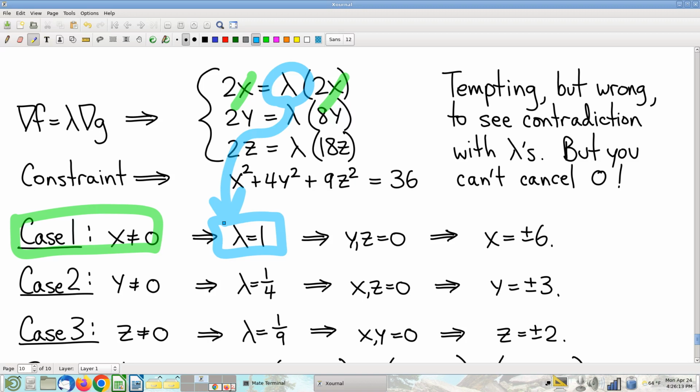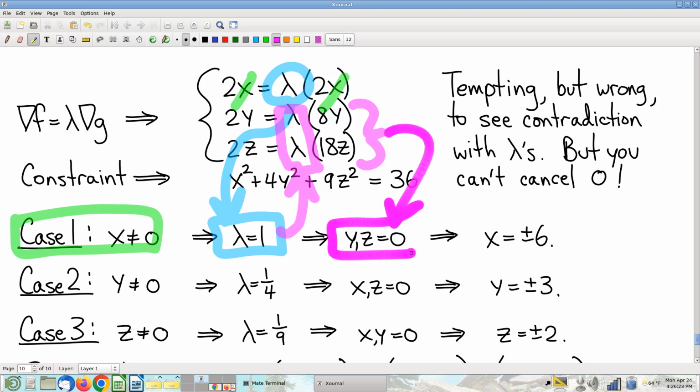And you truly can take this value of lambda equal to 1, plug it in there, and that makes y and z both 0 in these second and third equations. Everybody see what happened there? And once y and z are equal to 0, you can plug this into the constraint equation and get that x would have to equal plus or minus 6.